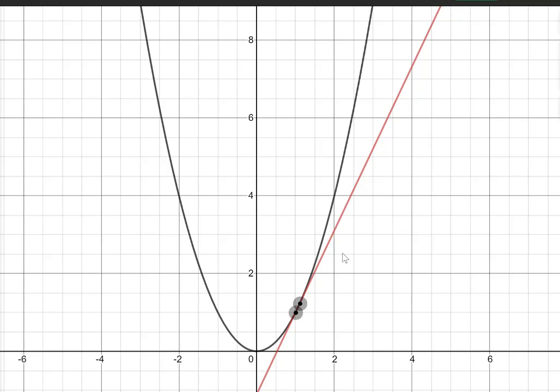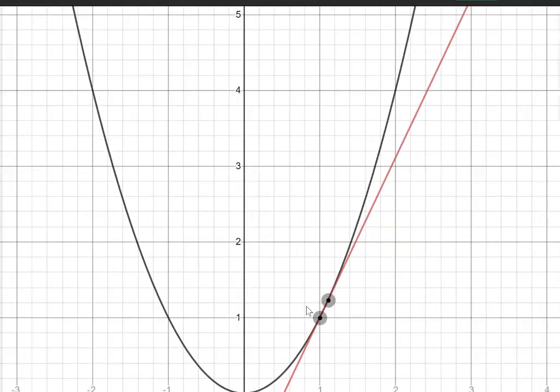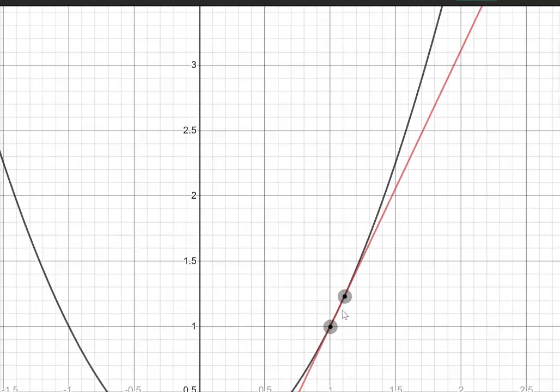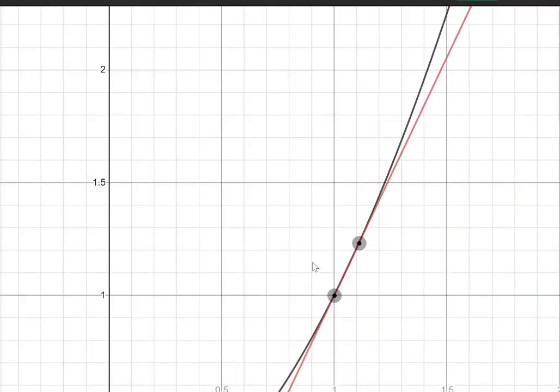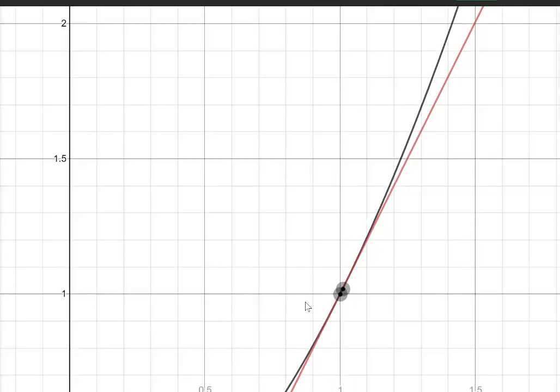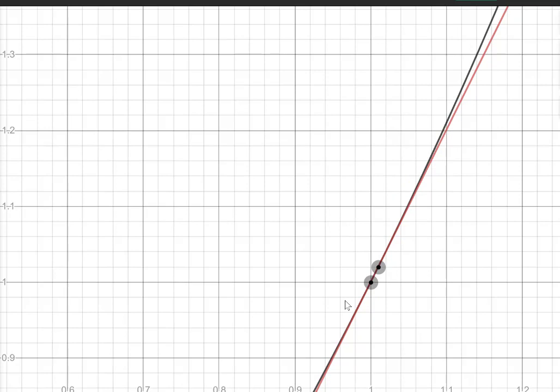Eventually we'll have to zoom in to see that, but even if you think that you're almost there, you can always zoom in more to see that this line is actually crossing the curve twice, at 2 points, P and Q. I can keep getting closer and closer, and even if I think I'm there, I can always zoom in more, and you could keep doing this forever.